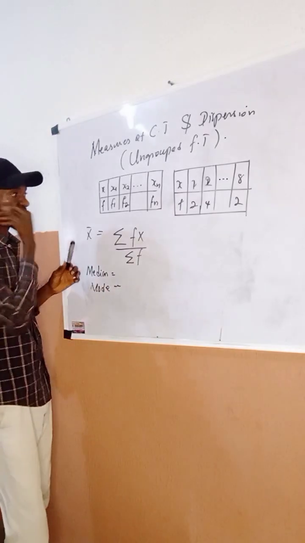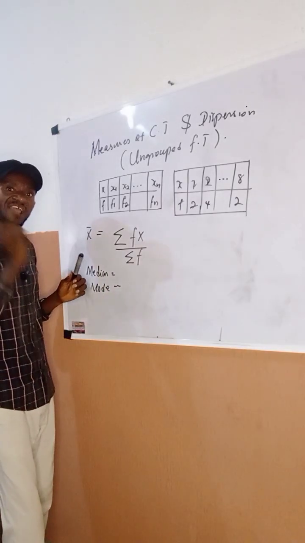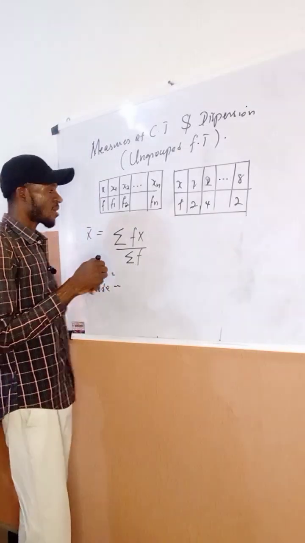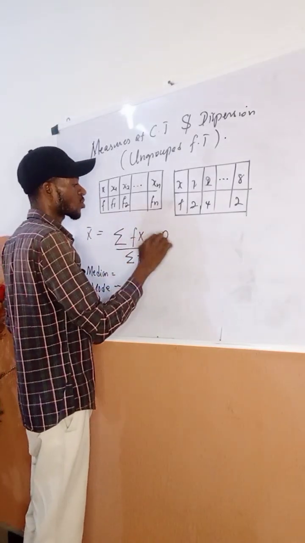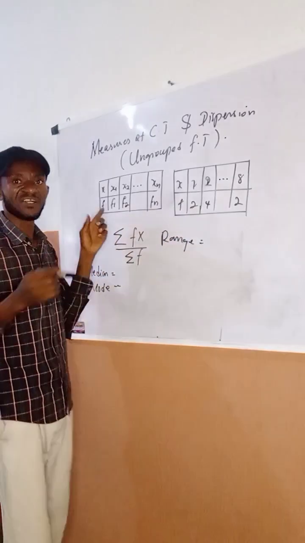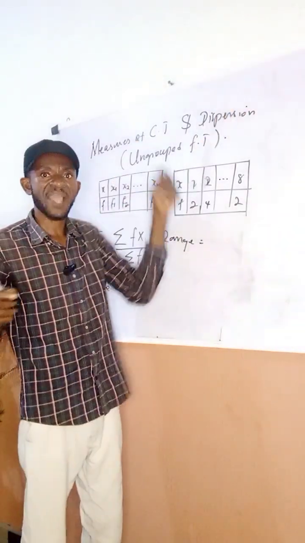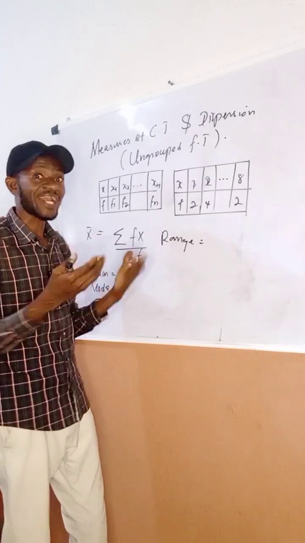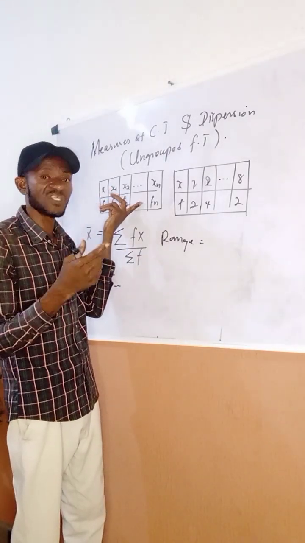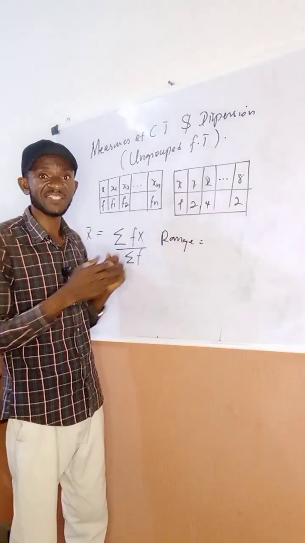So these are what we call the measures of central tendency. Then we enter into dispersion. When we talk about dispersion, we talk about the range. Range is the highest minus the lowest. Traditionally, when data is presented in a table, grouped or ungrouped, the observations are sorted in ascending order.